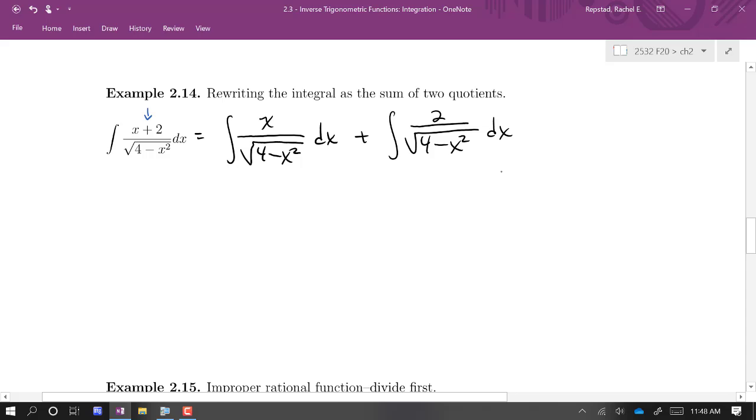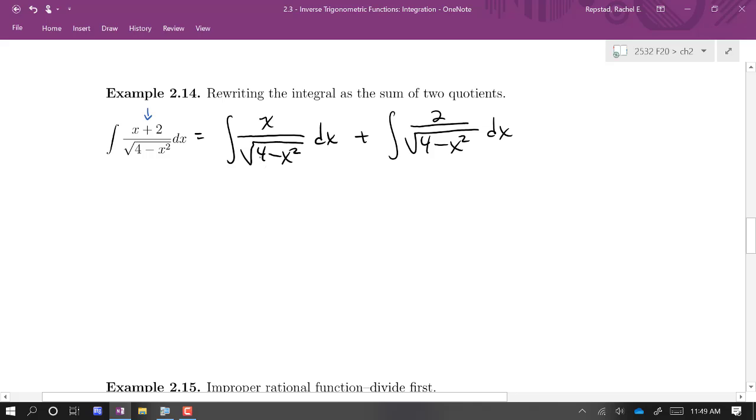Alright, now because we've split it up, we can approach each of these integrals like it's its own separate problem. The first one that we look at, we've got 4 minus x squared in the bottom, but up top we have this factor of x, and that's really close to the derivative of 4 minus x squared.